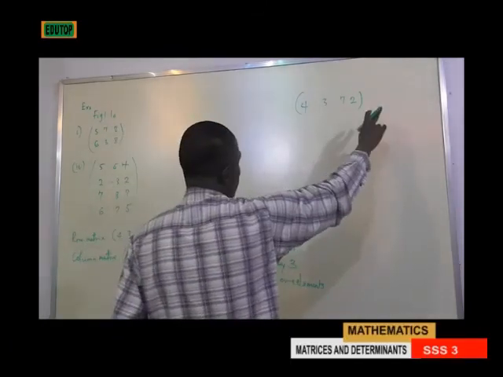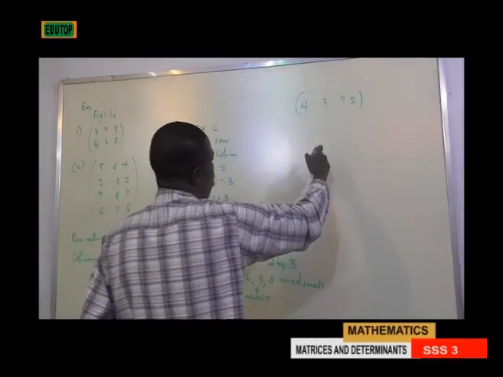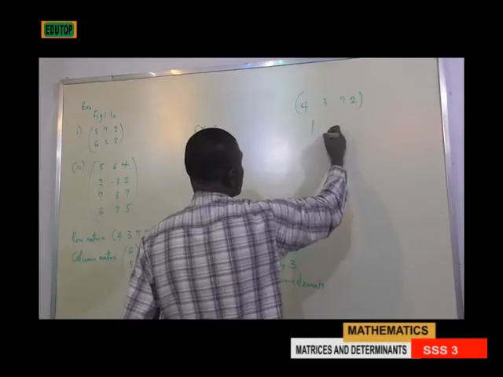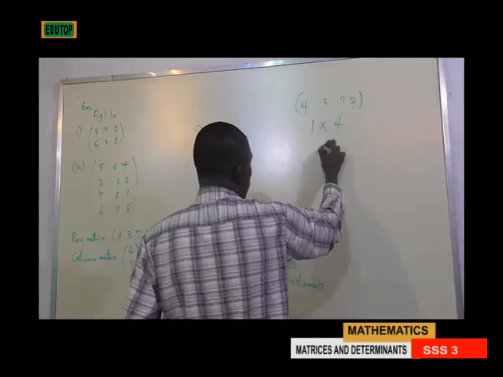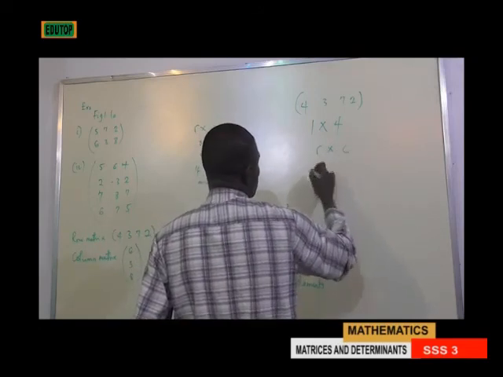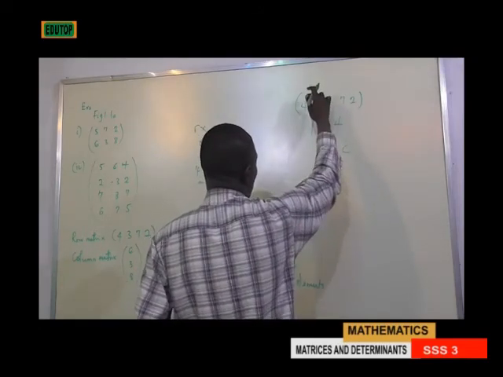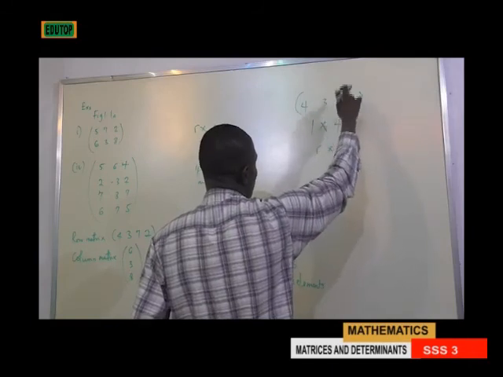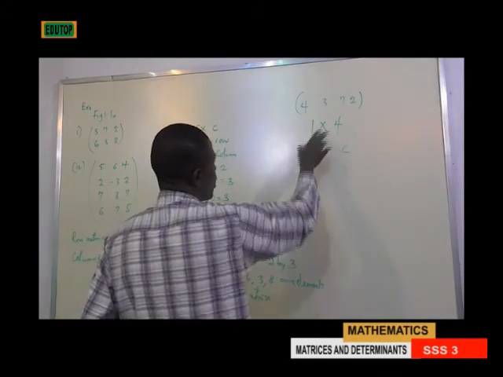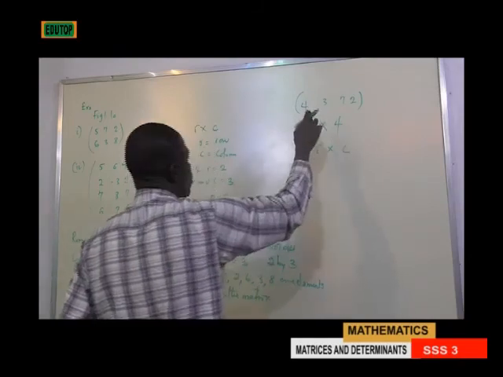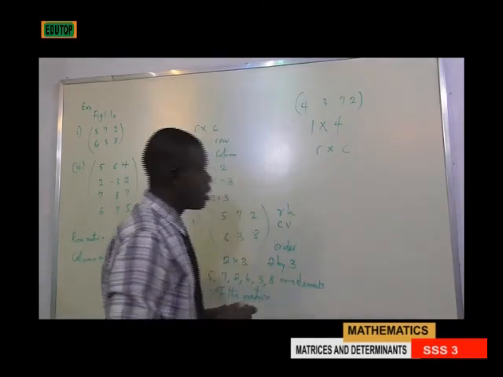Then this matrix can be called 1 by 4 because you have your row by column. So row 1, then columns 1, 2, 3, 4. This one can be called a 1 by 4 matrix, or is of the order 1 by 4.